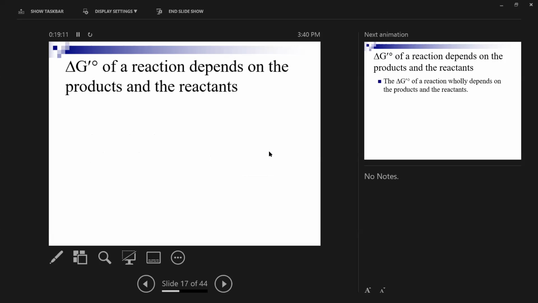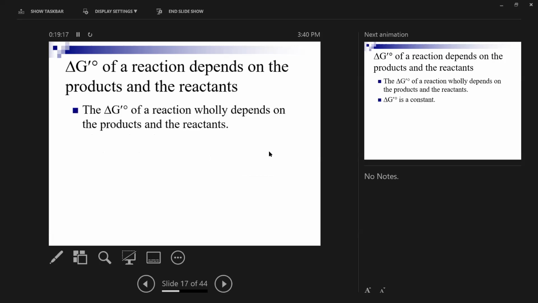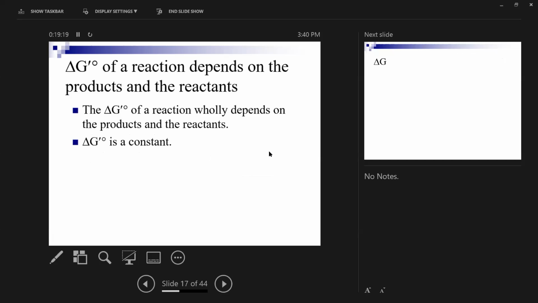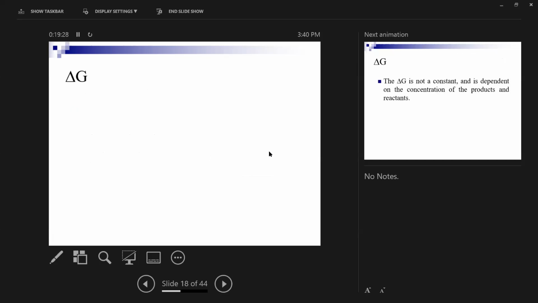It just depends on the products and the reactants. That's all it depends on. And it is a constant. Now, Friday, because Wednesday we have a test, we'll talk about this number. This is a different number. This number depends on concentration, products, and reactants.